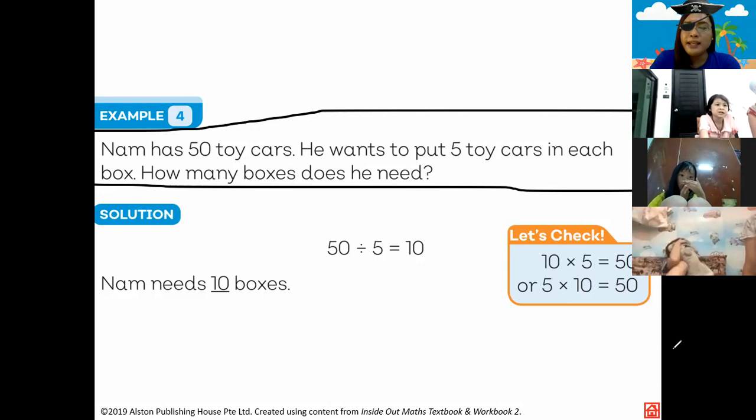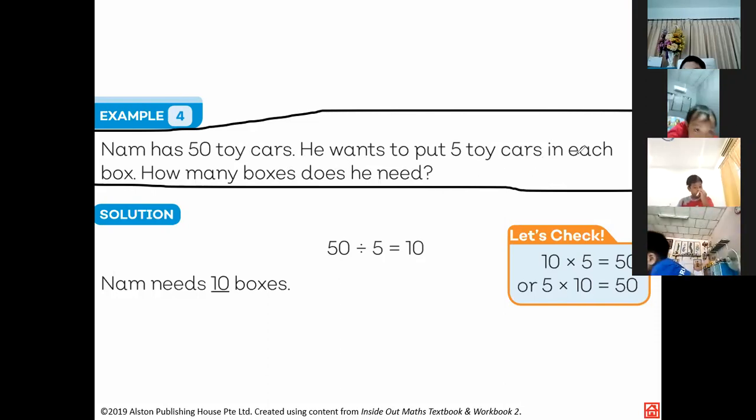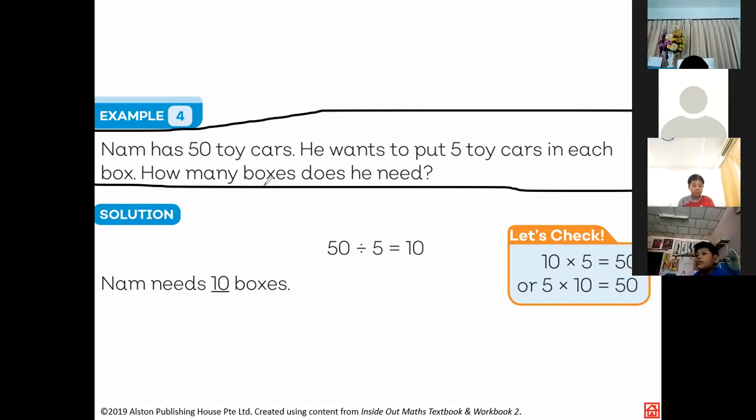So I'm gonna read again. Nam has 50 toy cars. He wants to put 5 toy cars in each box. So how many boxes does he need? So all we have to do is to divide 50 by 5. So 50, the number of toy cars, divided by 5 toy cars in each box.